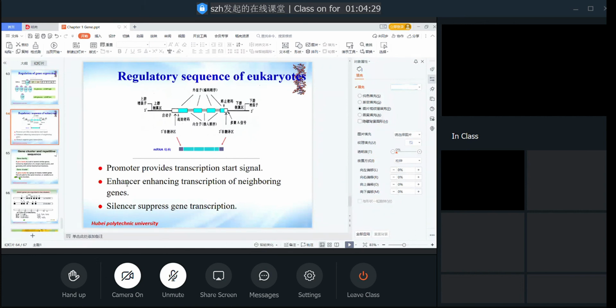So this kind of sequence is named the enhancing sequence. Another is the silencer, the silencer sequence, which separates or suppresses gene expression.